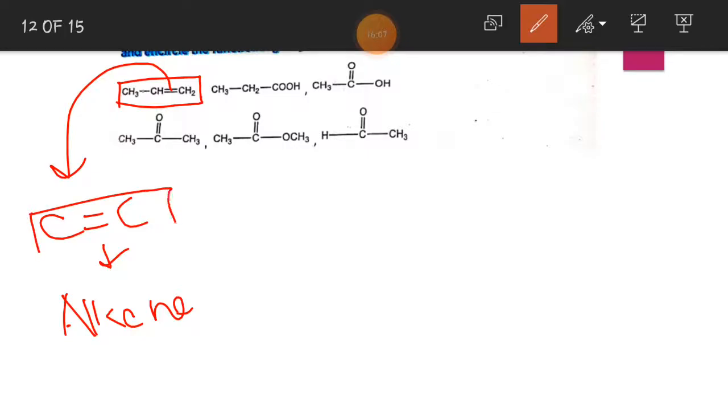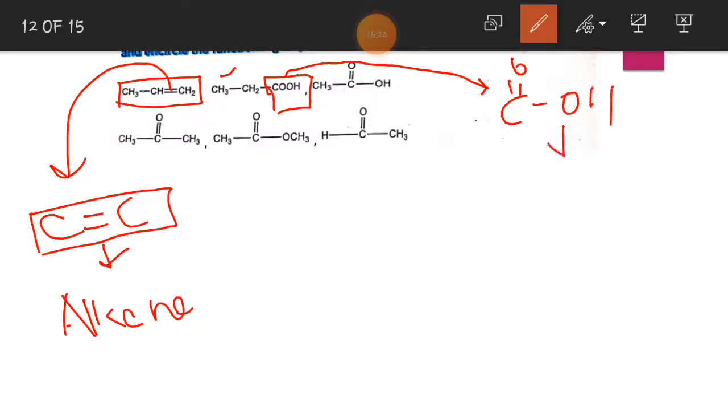So this C double bond C is the functional group here. In the second category, this COOH is the functional group here, and because of the presence of this functional group, it is classified as carboxylic acids.